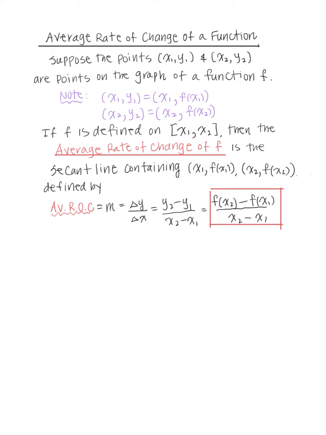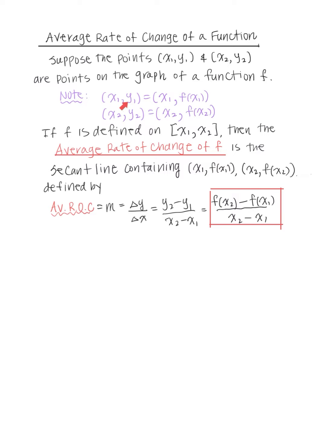Our next topic is average rate of change of a function. So let's just read together here. It says, suppose the points x1, y1 and x2, y2 are points on the graph of a function f. So let's note this, x1 and y1. Isn't it y1 is the corresponding y value when x is denoted by x sub 1.